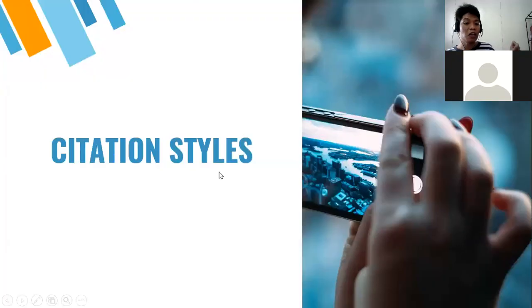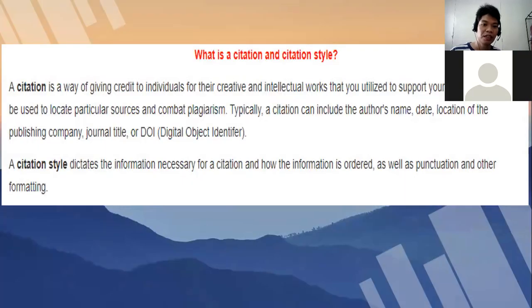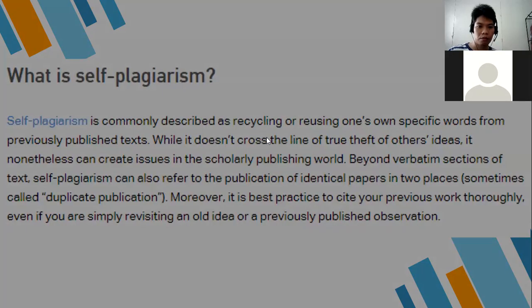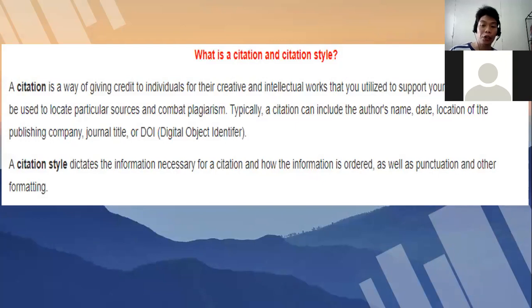Okay, so citation styles. Citation styles are very important because this is the way on how you're going to avoid committing plagiarism. What is a citation? A citation is a way of giving credit to individuals for their creative and intellectual works that you utilize to support your research.